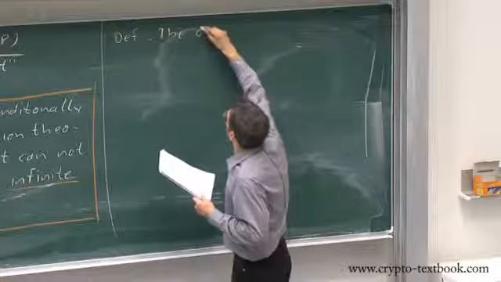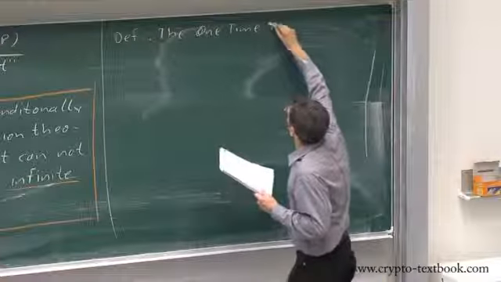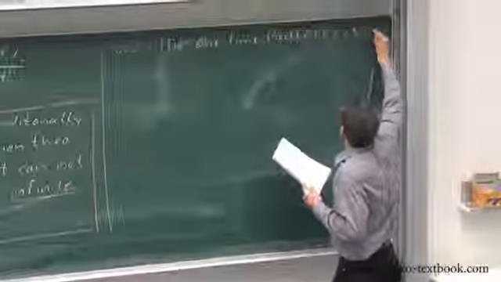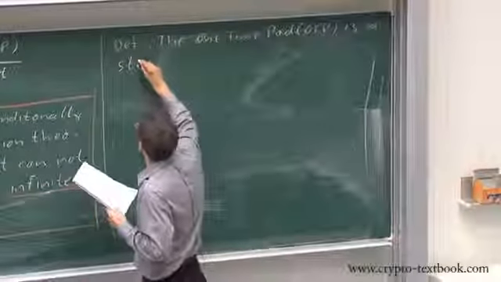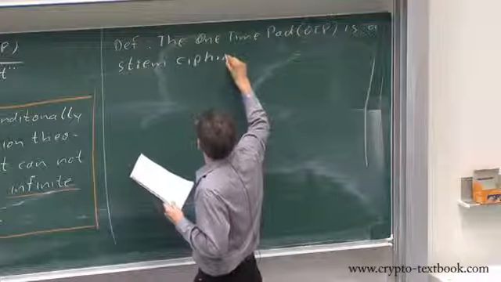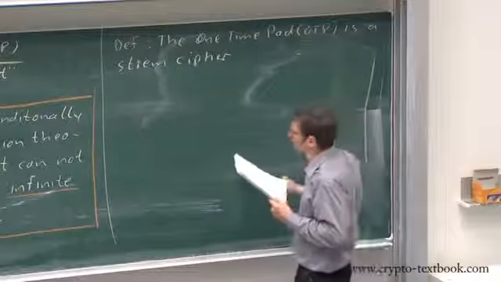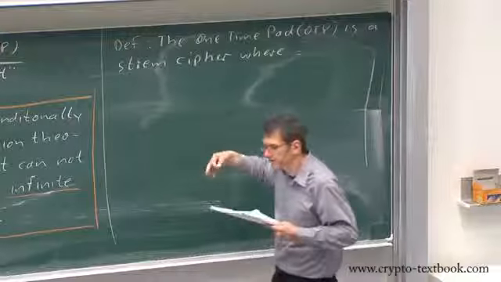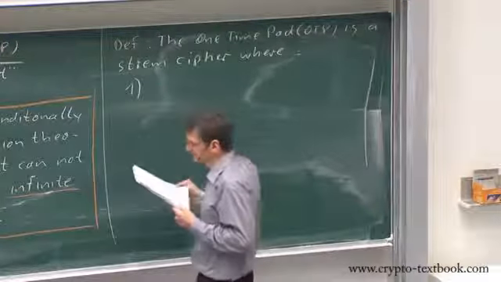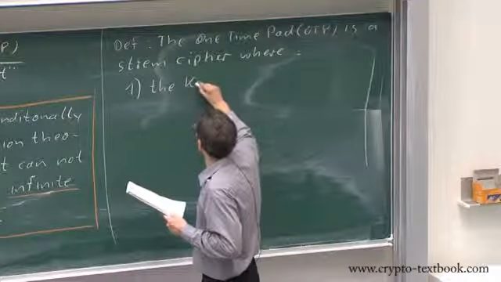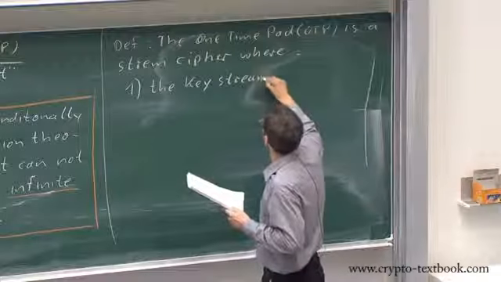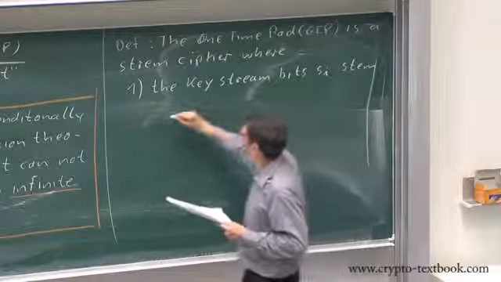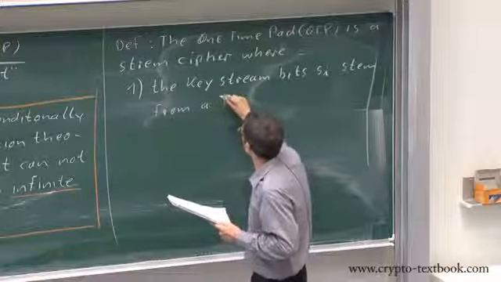The one-time pad, also referred to as OTP, is a stream cipher where, first property, the key stream bits s_i stem from a TRNG.